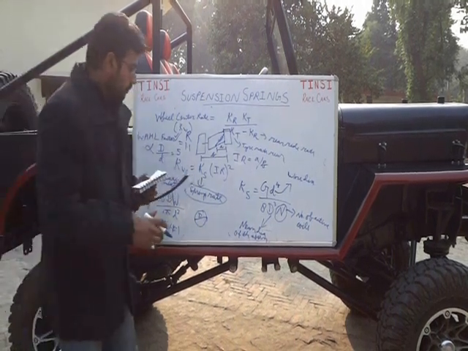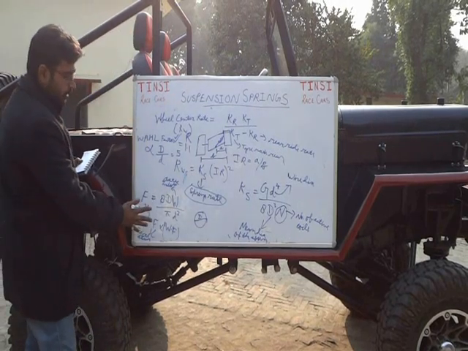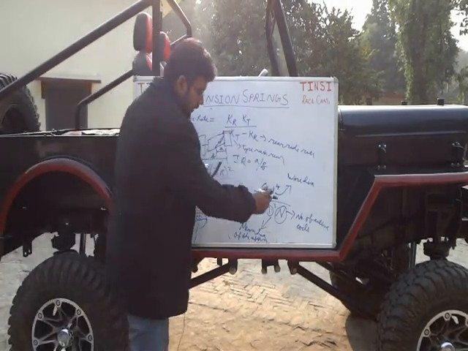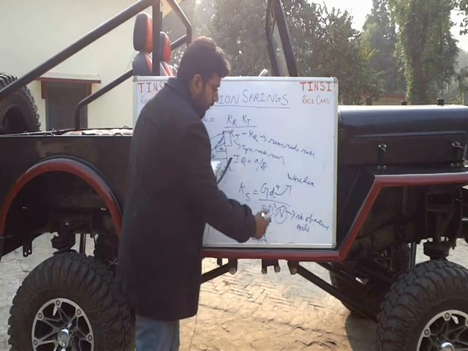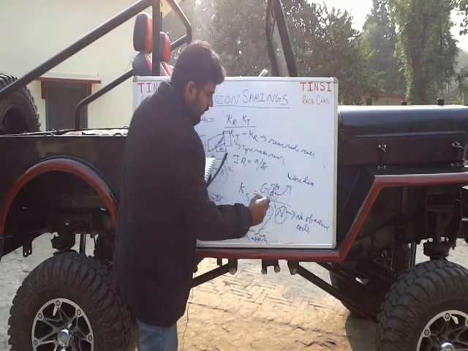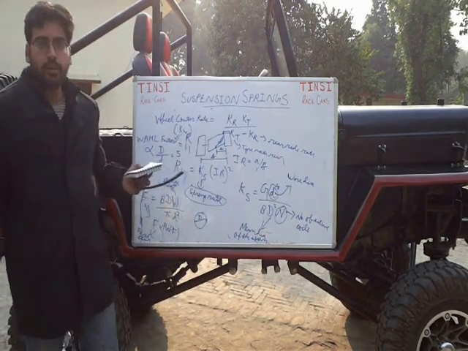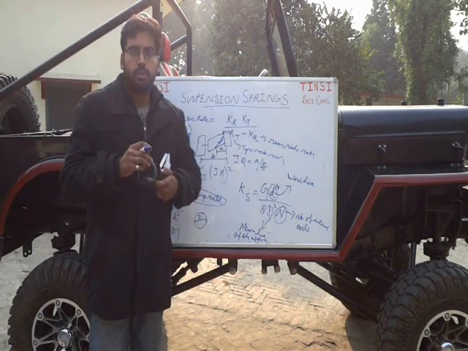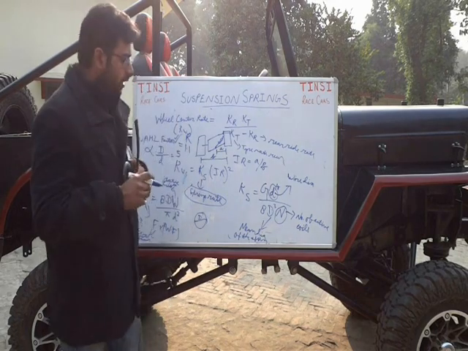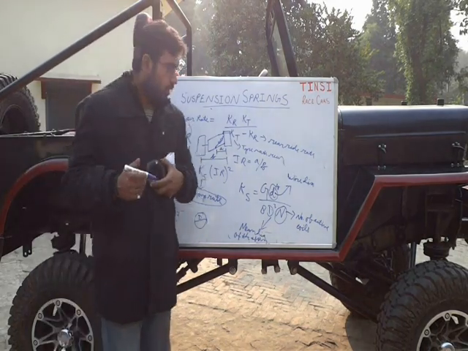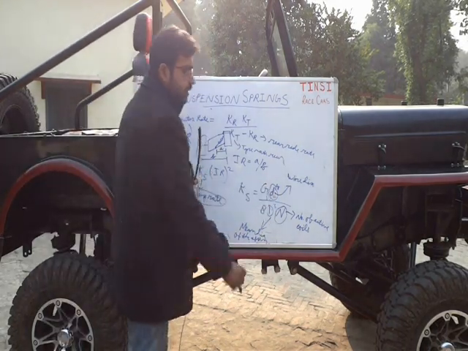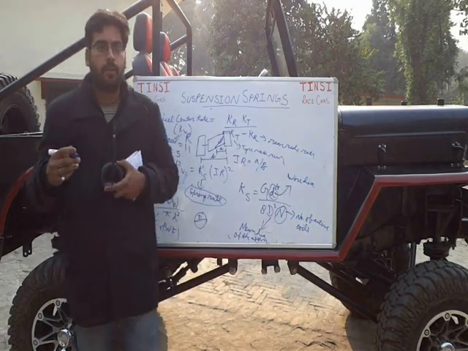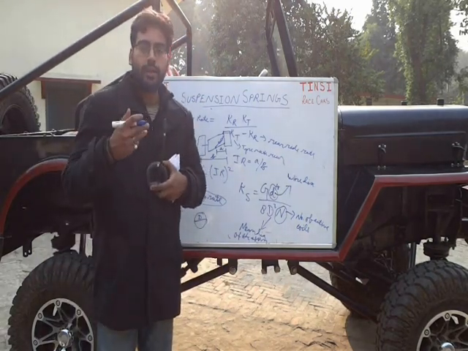Okay, so now we have the stress value, we have the mean diameter, we have the number of active coils, and the wire diameter. This parameter is listed in the SAE guidelines, with the stress values that the wire can take.